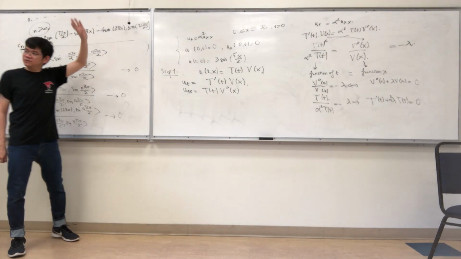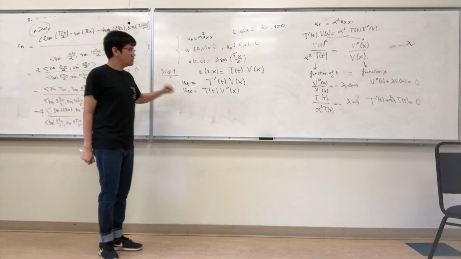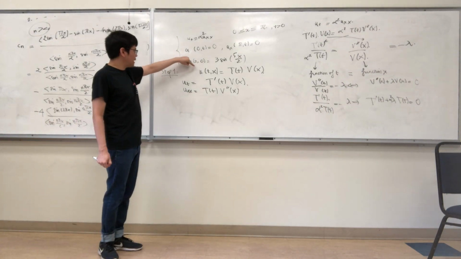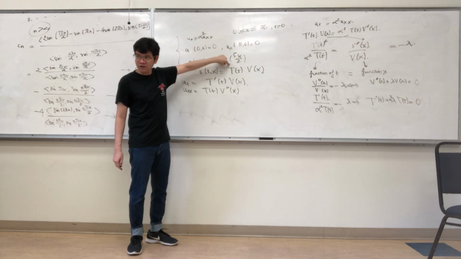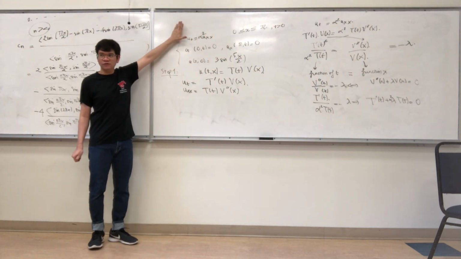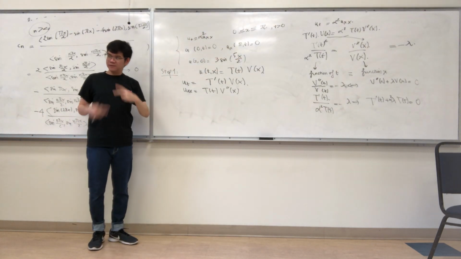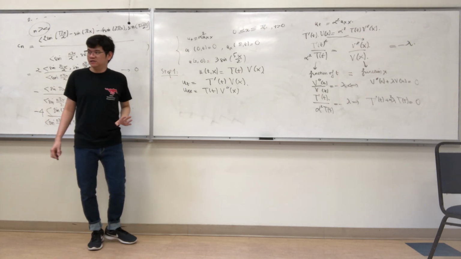So I explain again. The first important step is to split the x and the t variables. So I suppose that u(x,t) is T times V. So T is a function of t only, and V is a function of x only. So this is an equation of two variables, and I want to obtain two equations of one variable so that it is easier to solve.